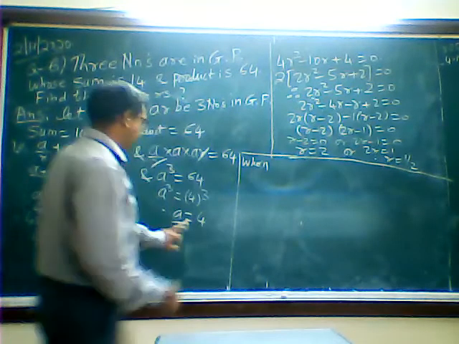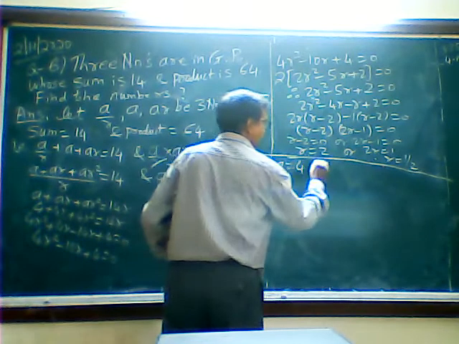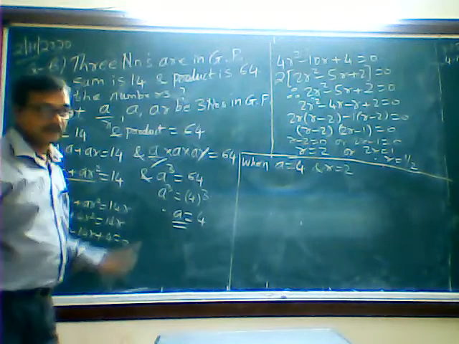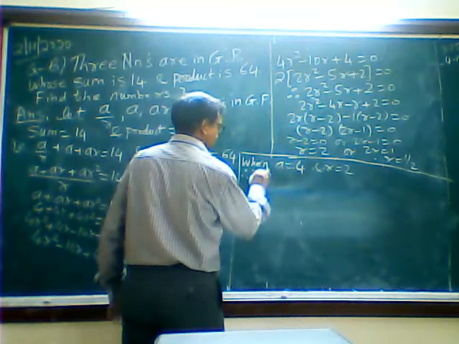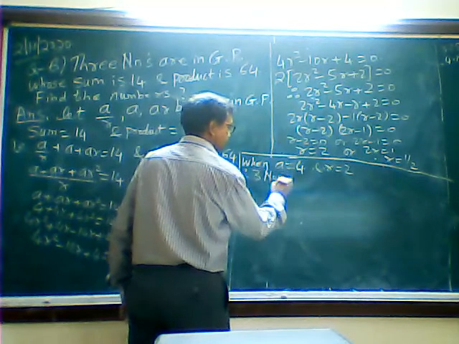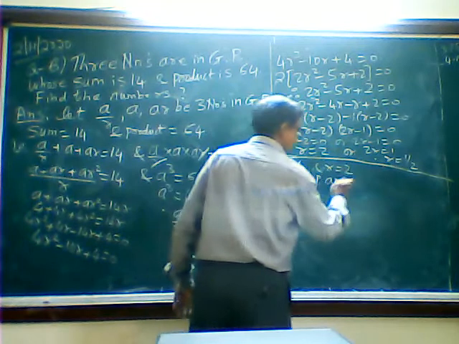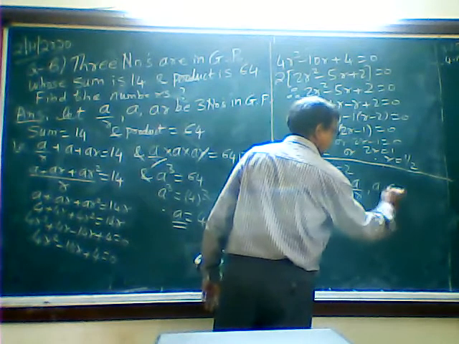When a is equal to 4 and r is equal to 2, the three numbers in GP are a upon r, comma, a, comma, ar.